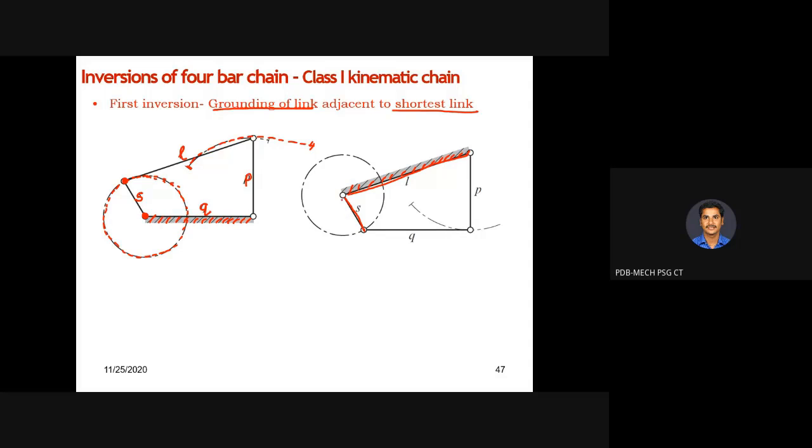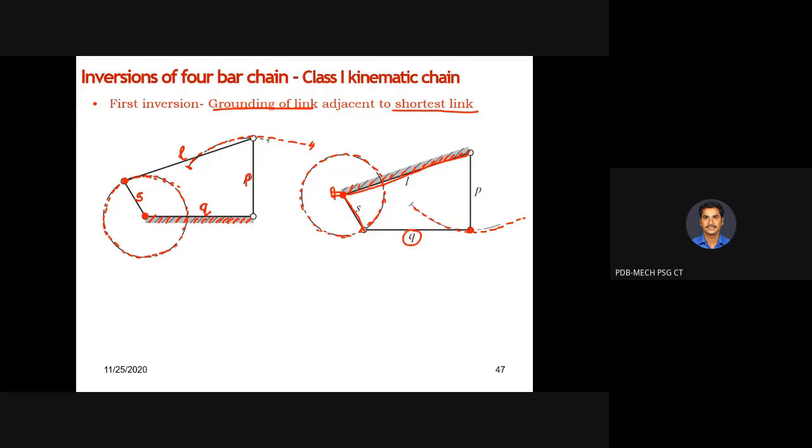Once again I am giving input to the shortest link, which is called the crank here. I am attaching a prime mover here. It is going to make a complete 360 degree rotation. Along the path traced by this hidden line, this point P is going to move like this. This is the path traced by P.